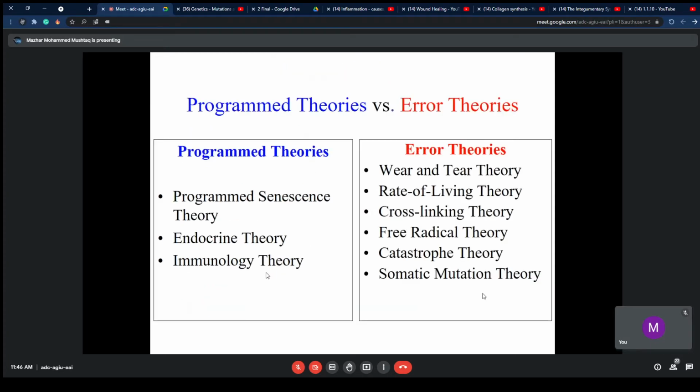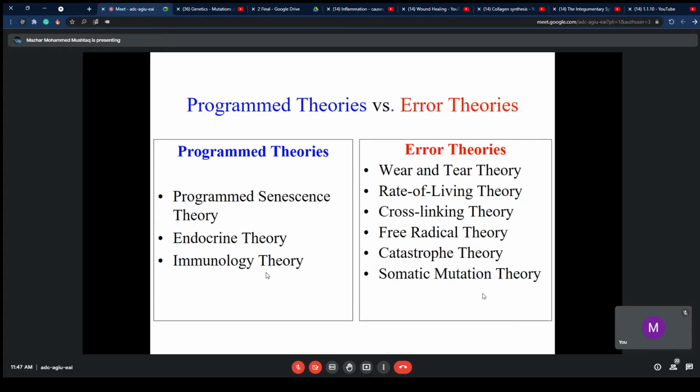So the other theories, the program theory versus the error theory. What does that mean? If you remember, we have discussed the apoptosis and the anti-apoptotic mechanism. So basically, these are the same thing. Program theory is what you can say, it is apoptosis. A programmed cell death is called apoptosis.